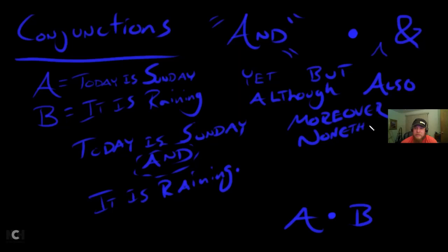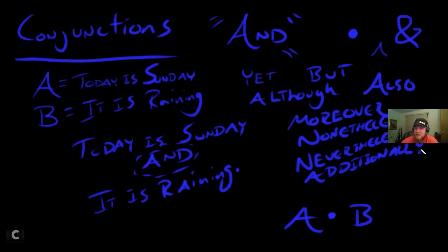Some of these are silly and we don't use them too often, but I want you to know that they exist. There may be others too. All of these, we could substitute for the word "and," and it would work here.